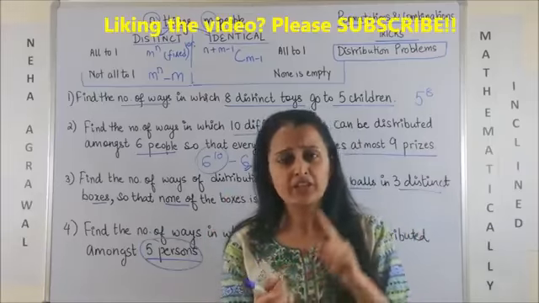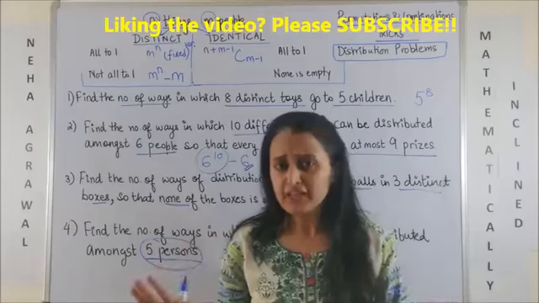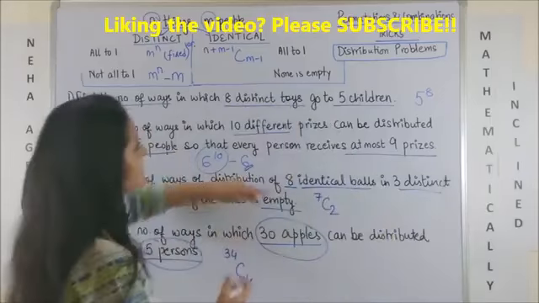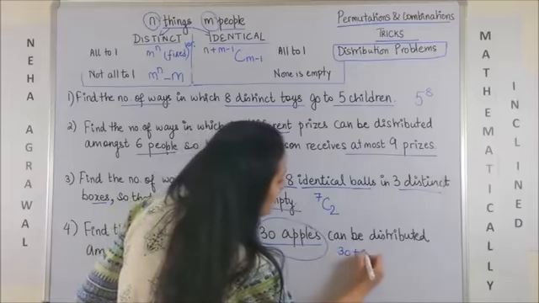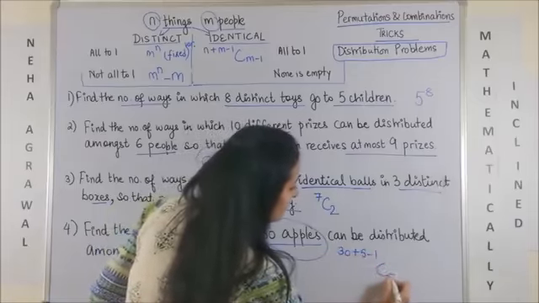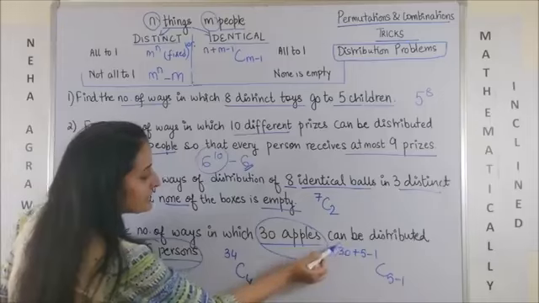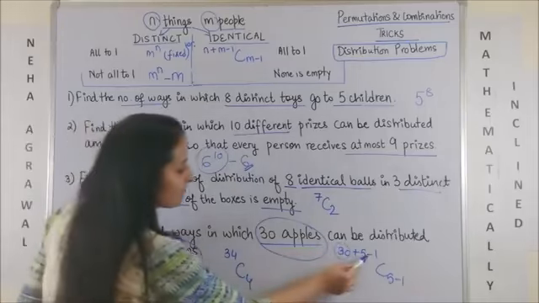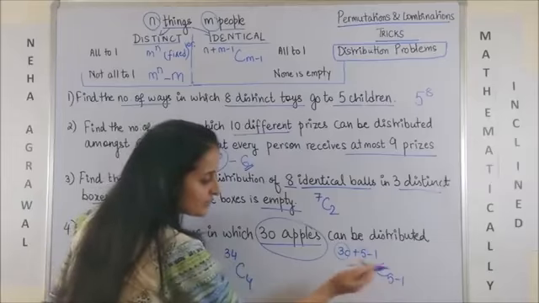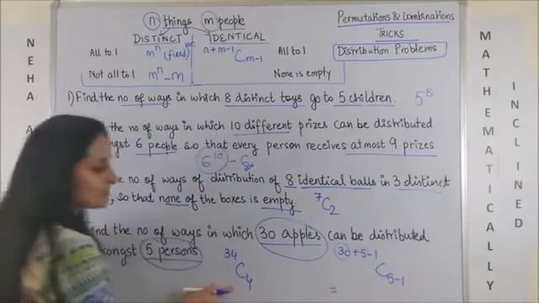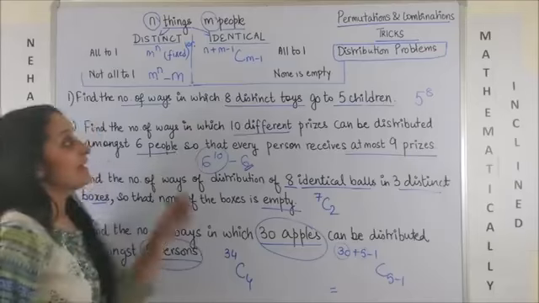Is there a condition? Is there not a condition? If there is no condition, you simply apply this formula. So in this case, it will be 30 plus 5 minus 1, C 5 minus 1, where this is n, the identical things, plus the fixed number of things minus 1, C fixed minus 1. So the answer was 34C4.